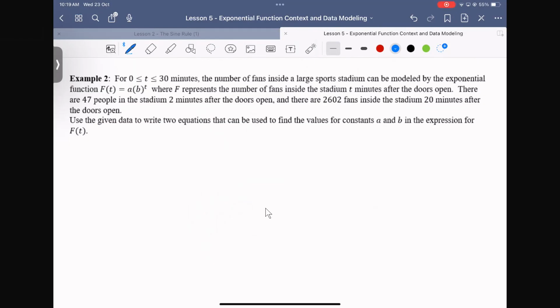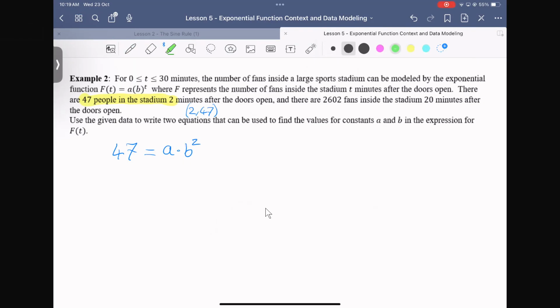It's fairly straightforward, isn't it, that one? Jump into that one. So we've got 47 as our y value, or f of t. That's A times B to the, and our value of t is 2. So firstly, I'm using this statement, which is a coordinate point, 2, 47. Take that coordinate point and put it into the equation.